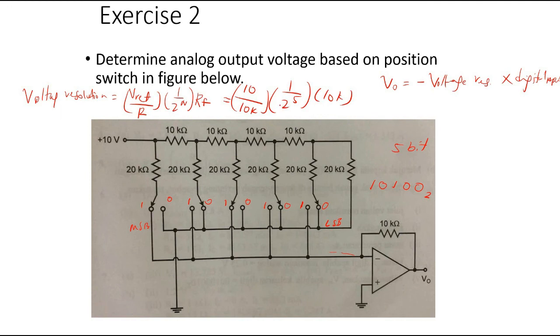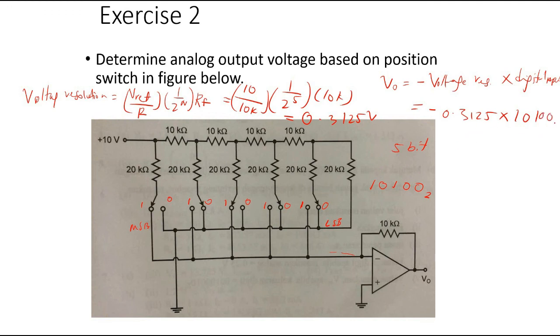So kalau kita tekan calculator, sekejap saya calculate first. So kita akan dapat 10 divided by 2 power of 5. So kita akan dapat 0.3125 volts. So untuk calculate Vout, kita akan dapat minus 0.3125 multiply with 10100.